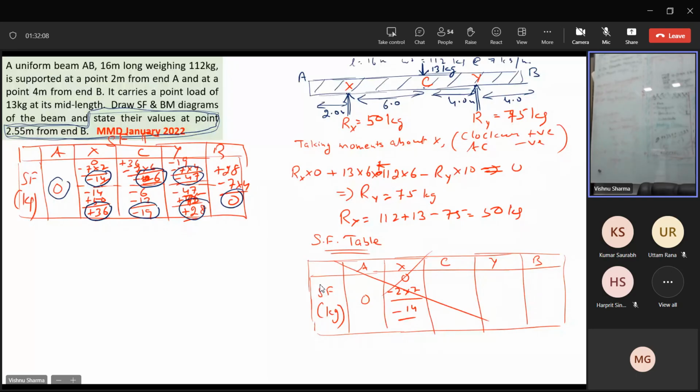Imagine as if you are uncovering the beam from left to right, from one point to the other, and keep allowing for the changes. Imagine you are moving a paper to the right, uncovering the required part, and then filling up the SF table.